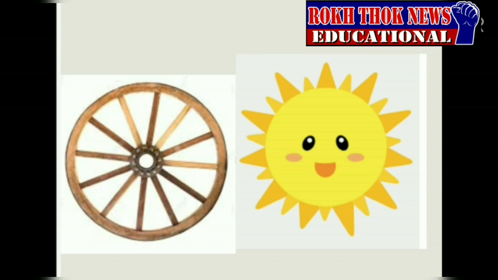Now, tell me students, did you see anything common in the pictures? Yes, both shapes are circular, or a circle in shape. So, what are the similarities you see in both pictures? Both pictures are round in shape. So, today we are going to learn about the circle.